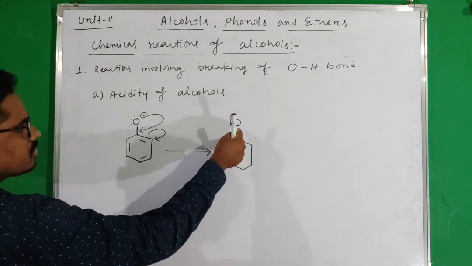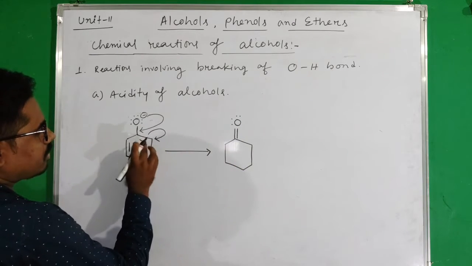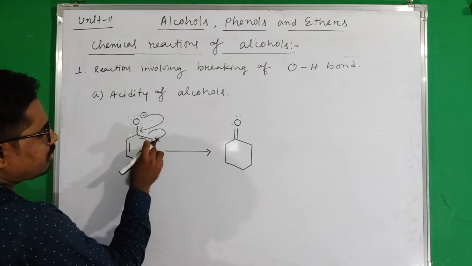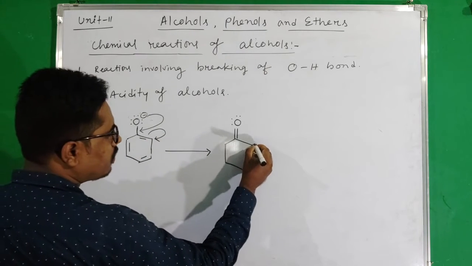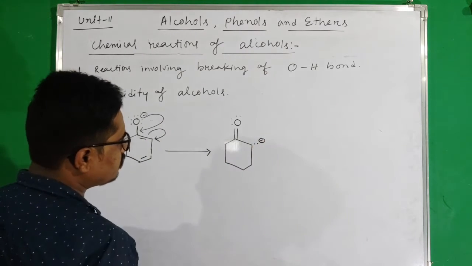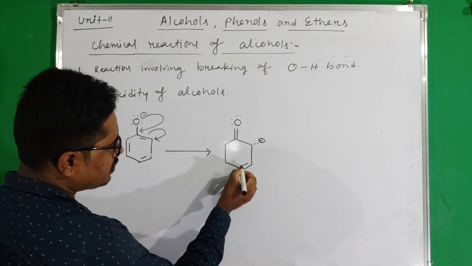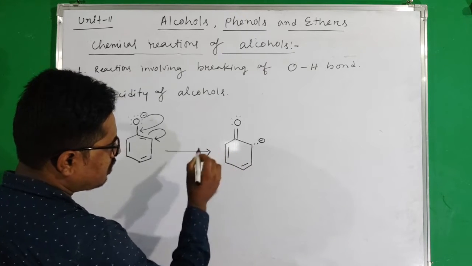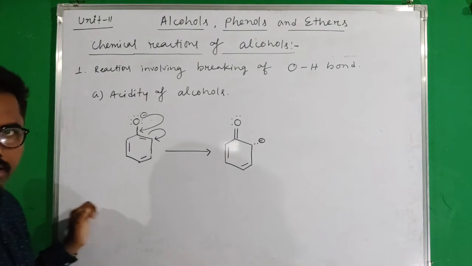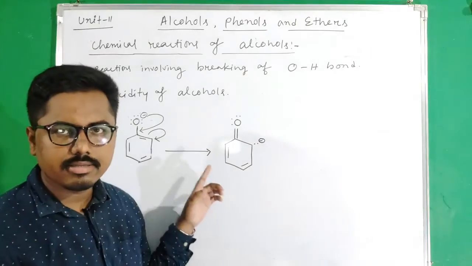Due to formation of the double bond here, the electrons of this pi bond will repel to this carbon. Therefore, here one negative charge will appear. There is no change in these bonds, therefore they will remain the same.